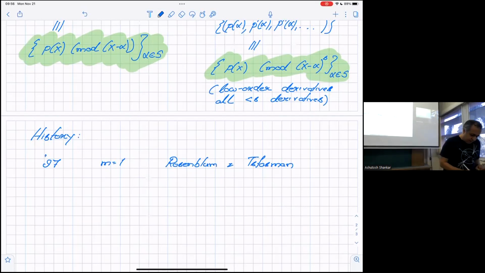It was followed in 2001 by Nielsen, who also studied the univariate case.